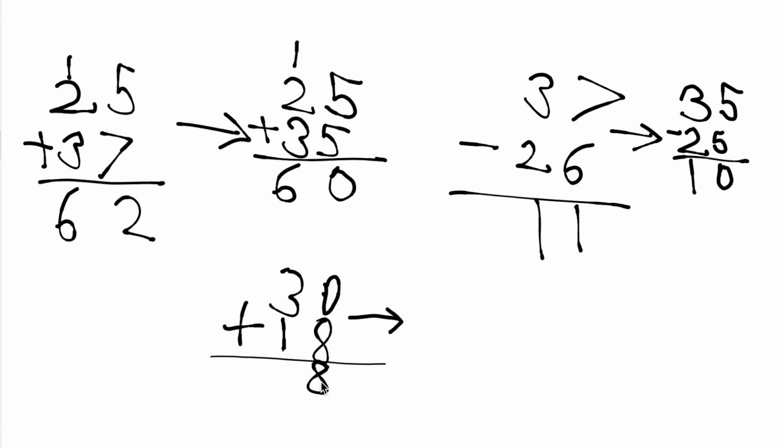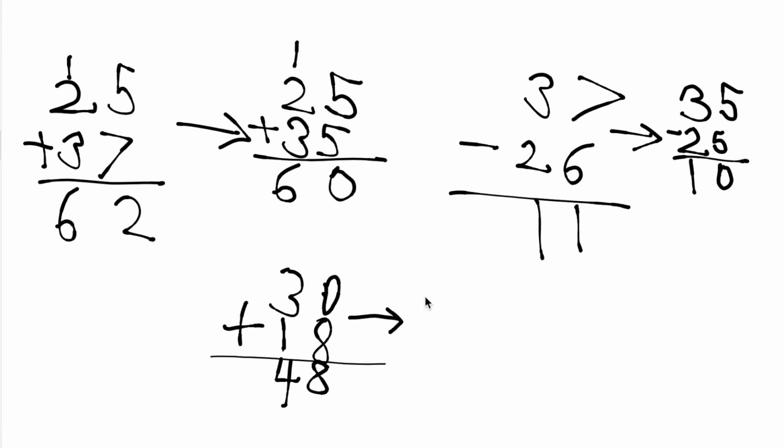You can just put 8 on the bottom. But subtractions, they're totally different. But don't worry, I'll tell you in a different video. So let's do it. So you have 8 right here, and 3 plus 1 is 4. So we put it here, and the answer is 48.